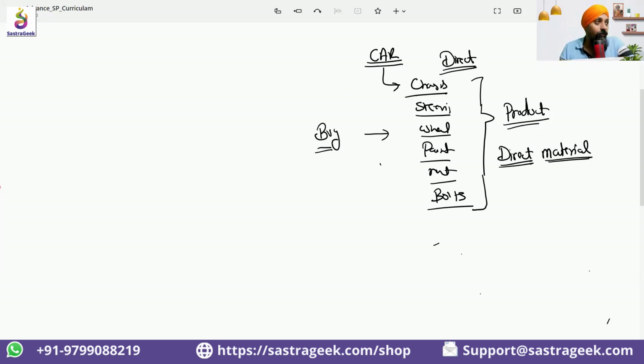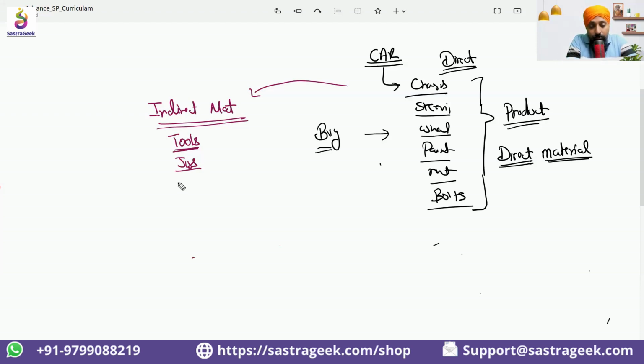Then we have another category, which is indirect materials. In indirect materials, there can be so many things you will be buying. To produce this, you need tools. You need jigs. You need fixtures. You need machines.